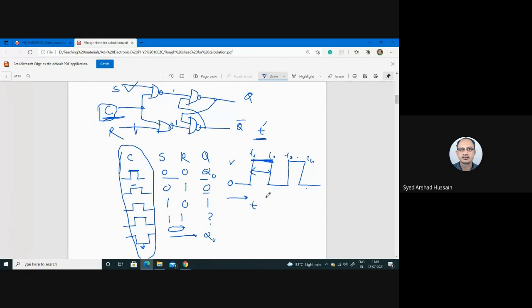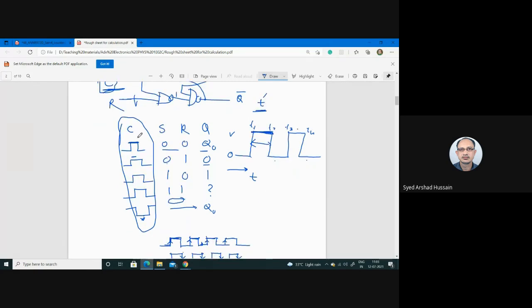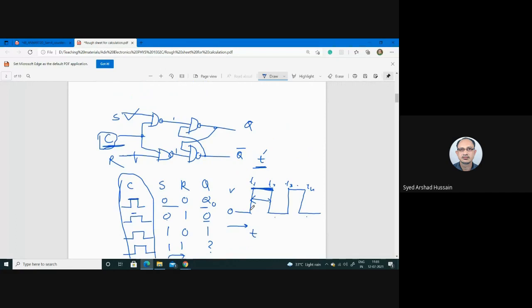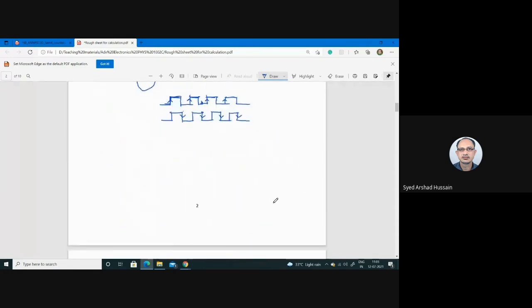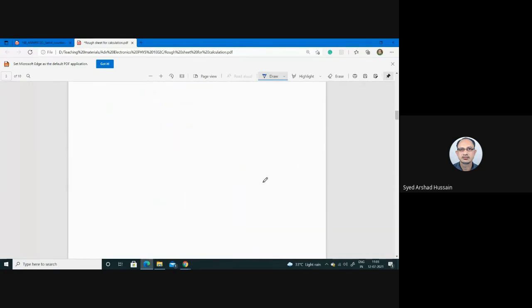So we need some mechanism so that the clock output remains high only during this transition or this transition. So for this we need to design some small circuitry.